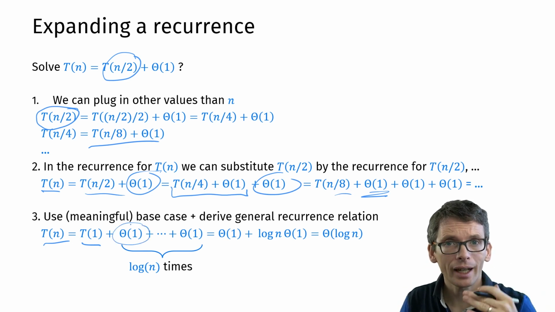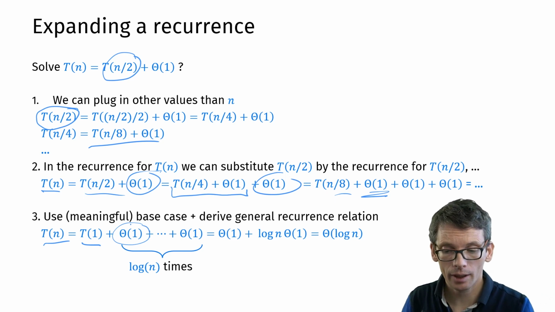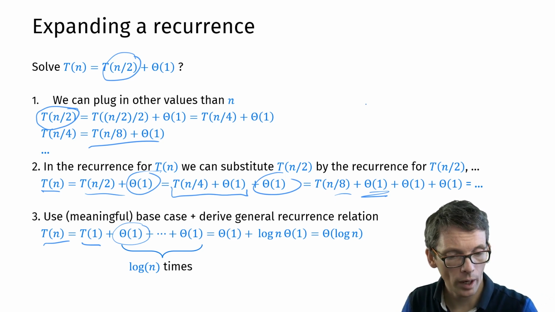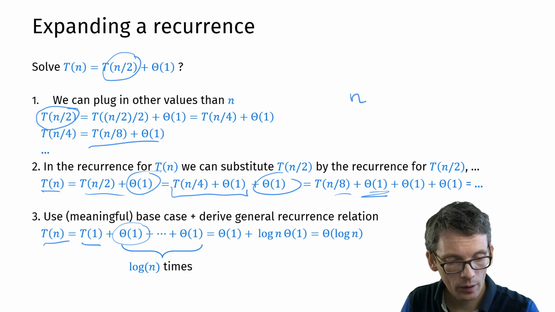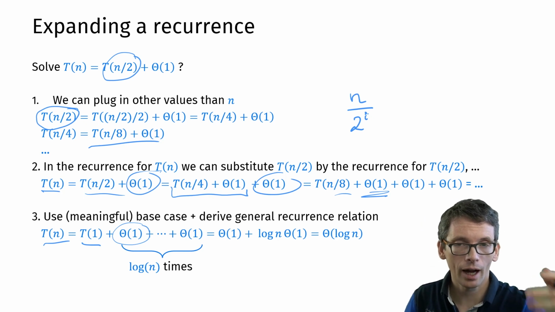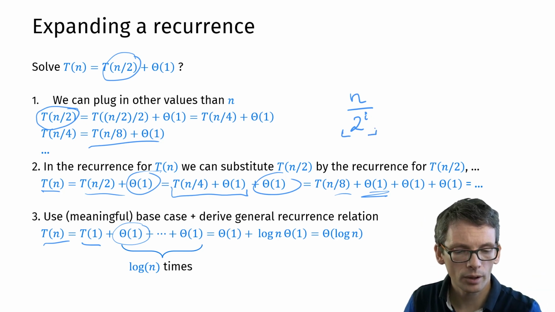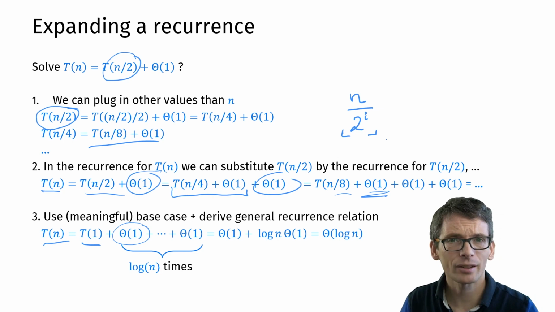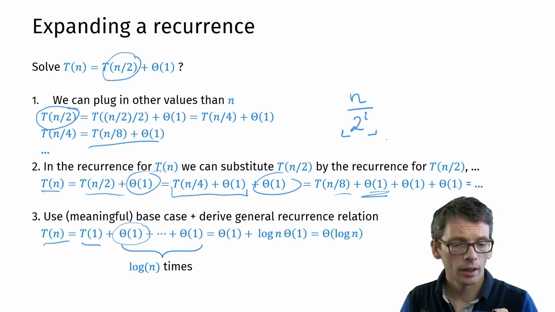So how often can I divide n by 2 until I reach the base case? Having the base case 1 here, every time I divide by 2, I get a term n divided by 2 to the i, in principle even rounded down, but that's not that important here.